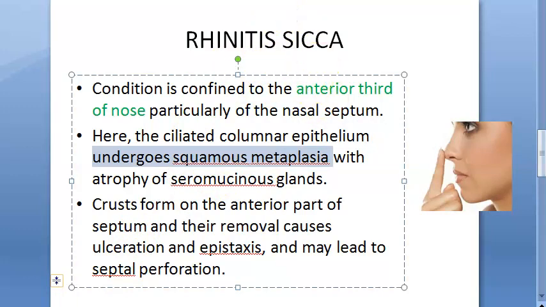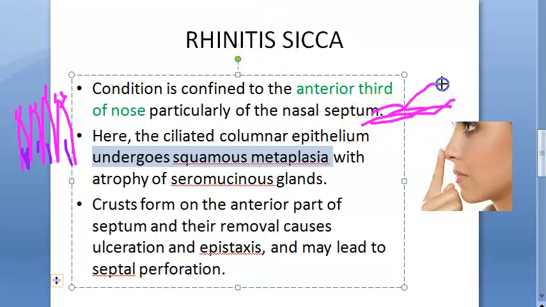So let's draw again. Here you have ciliated columnar epithelium with all the cilia, right? This is how the epithelium is. Let's draw the nucleus again. So this ciliated columnar epithelium, now what is it becoming? It is converting itself into squamous epithelium. It's becoming squamous.